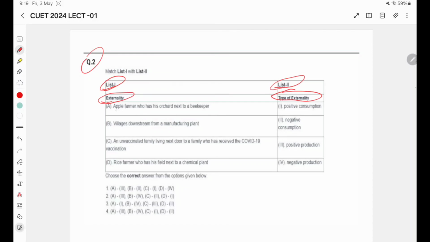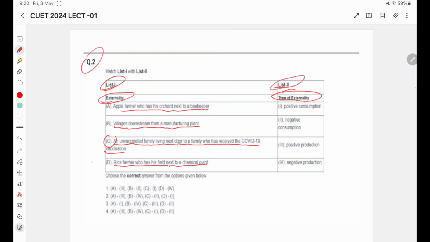First, option A: an apple farmer who has an orchard next to a beekeeper. Option B: villagers downstream from a manufacturing plant. Option C: an unvaccinated family living next door to a family who has received the COVID-19 vaccination. Option D: the rice farmer who has his field next to the chemical plant.